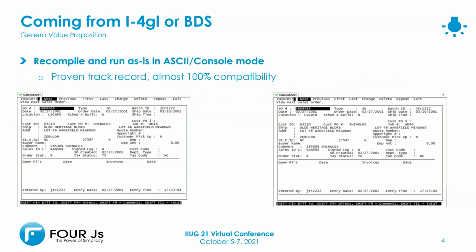So just a couple of slides on coming from 4GL or i4GL to BDS, and the initial point to doing that. We've proven countless times that you can recompile and run in Genero from Informix 4GL to Genero in text mode.